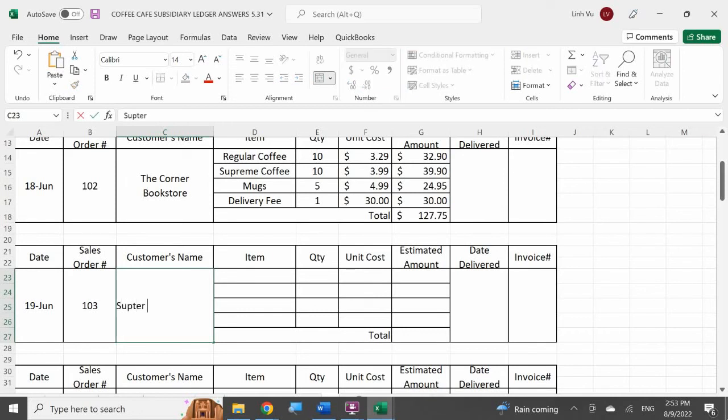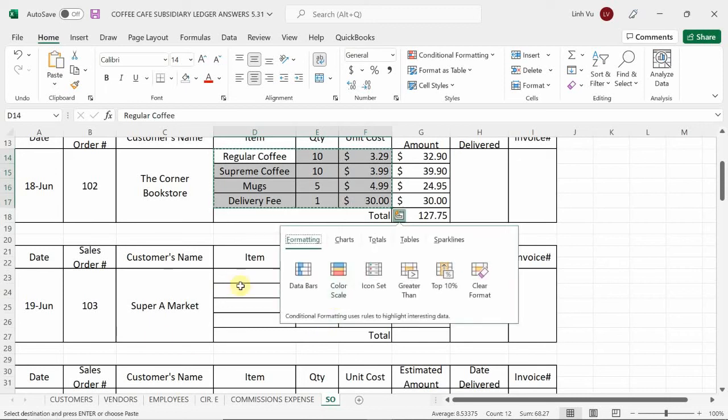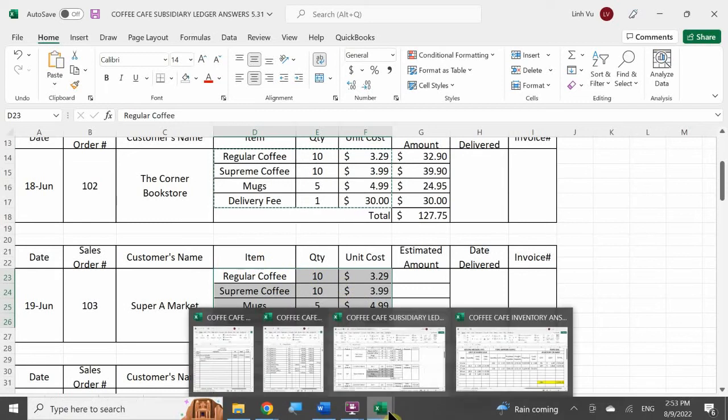Super A Market. Okay. Right, we're going to sell them some coffee, some mugs, and delivery charge them.